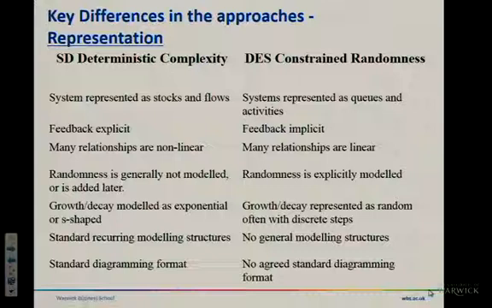In the case of discrete event simulation, you don't have those general modeling structures. Yes, you have the queues, you have the different people moving in the queues, the resources, but there is no template that says use this template if you want to represent a fast food restaurant. You have to adapt to the different situations. In system dynamics, the diagram format is a standard.